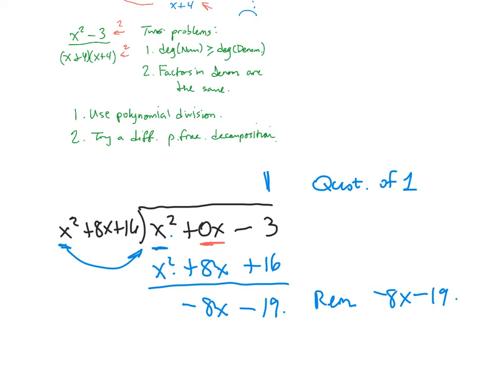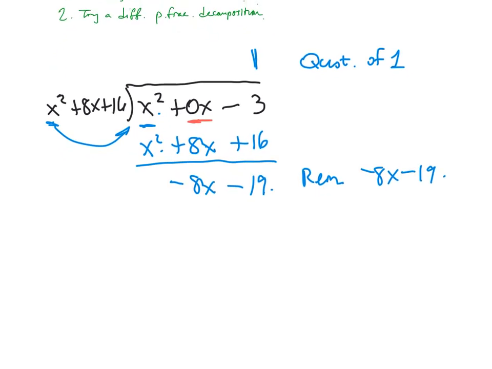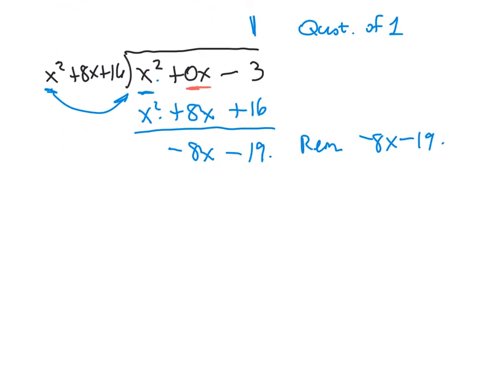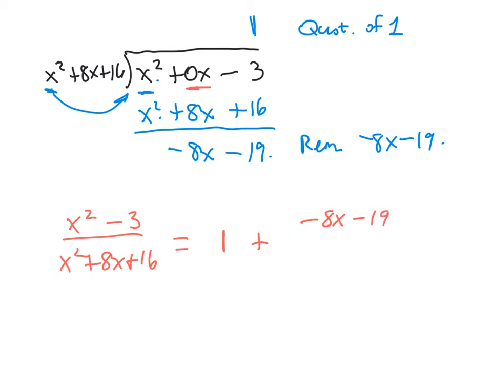And the crucial part here is how to rewrite my original function given that information. So what this tells us is that x squared minus 3 over x squared plus 8x plus 16 is 1, the quotient, plus negative 8x minus 19 over x squared plus 8x plus 16.